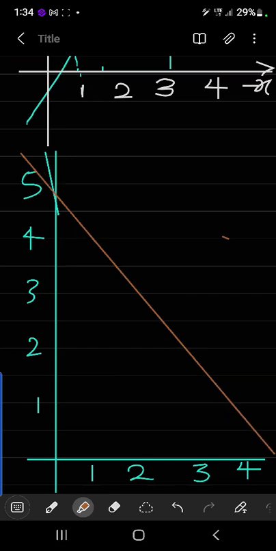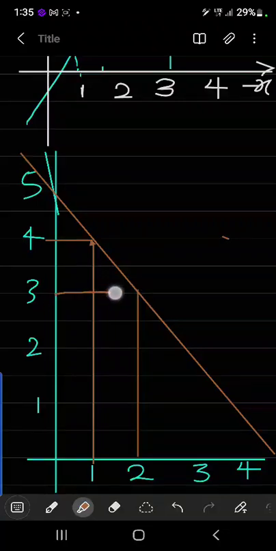Very good. Now, note, when s is 1, I want to trace something. Now, when s is 1, y is what? 4. Good. When s is 2, y is what? 3.